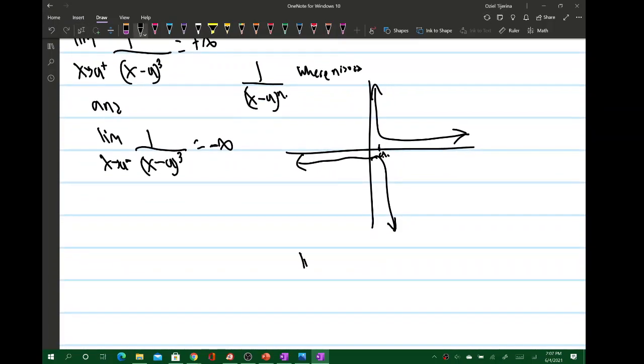That means that the limit as x approaches a from the left-hand side of f of x is negative infinity, and the limit as x approaches a from the right-hand side of f of x is going to be positive infinity. Okay.